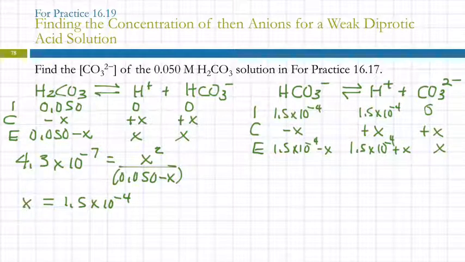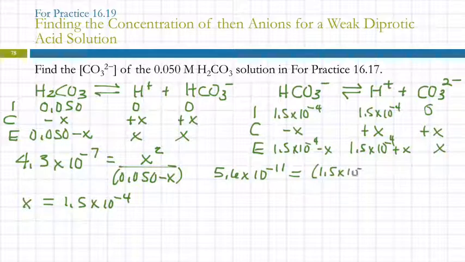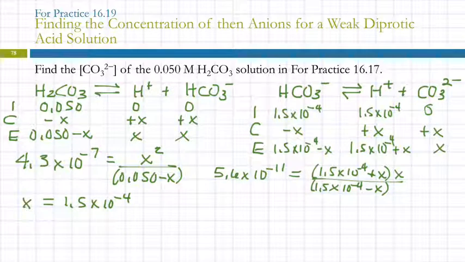And our Ka is 5.6 times 10 to the minus 11. And that equals those products, 1.5 times 10 to the minus 4 minus X, plus X, times X, divided by that. And if we use the X's small approximation, X ends up being 5.6 times 10 to the minus 11.